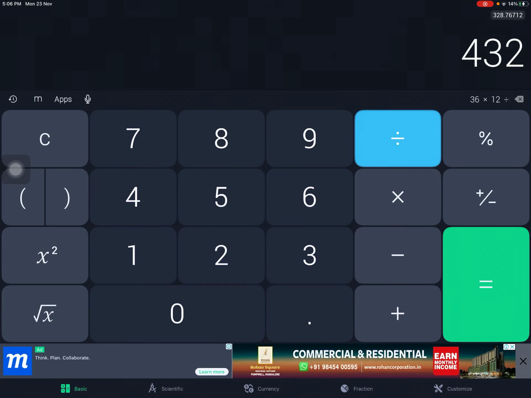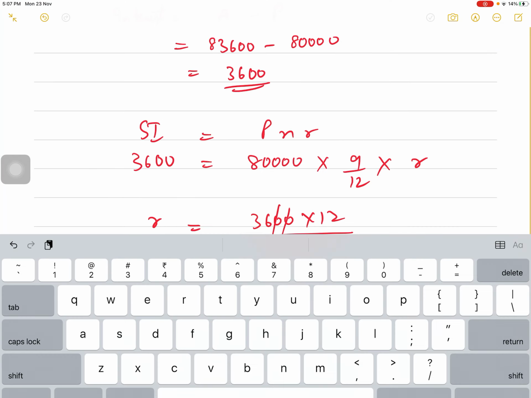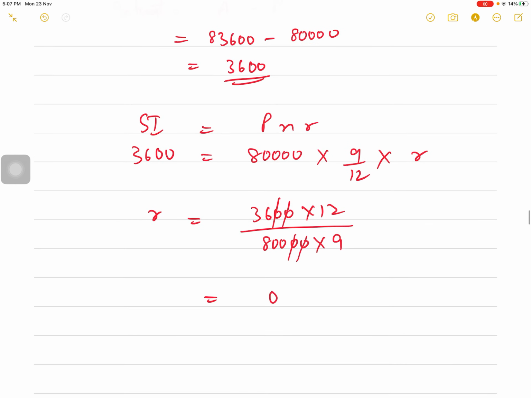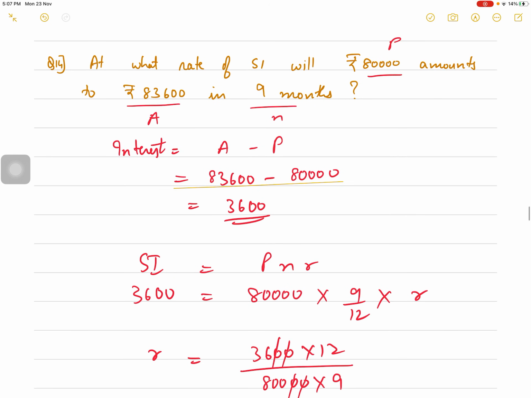It comes to 0.06 or 6%. Okay, let's solve the next question.